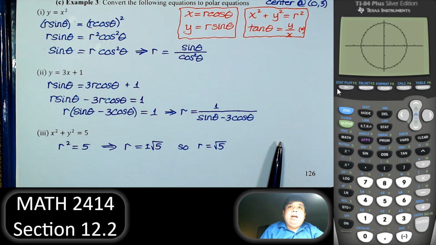Right. How about if we let it equal to negative? We still have a circle, but it's just starting from a different point. So whether it's positive or negative, square root of 5 is still correct.